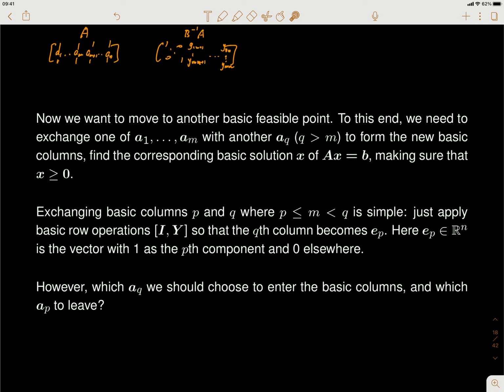So if we're going to replace one of these columns by one of these columns, for example the last one, then I would just need to make basic row operations such that this column becomes just the corresponding unit column. Let's say, for example, I want to replace the first column here by the last column here. What I need to do is apply basic row operations such that this last column becomes 1, 0, 0, 0.